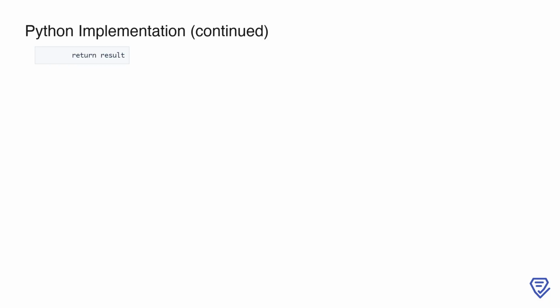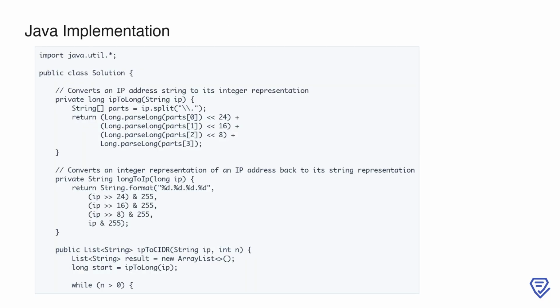Here, we begin by defining a Java class named Solution and implementing 2 utility methods that will help with the conversion between IP address formats. The first method, IP_to_long, takes an IP address as a string and converts it into its integer representation. It does this by splitting the string into its 4 parts using the dot as a delimiter, parsing each part as a long, and then combining them using bit shifting.